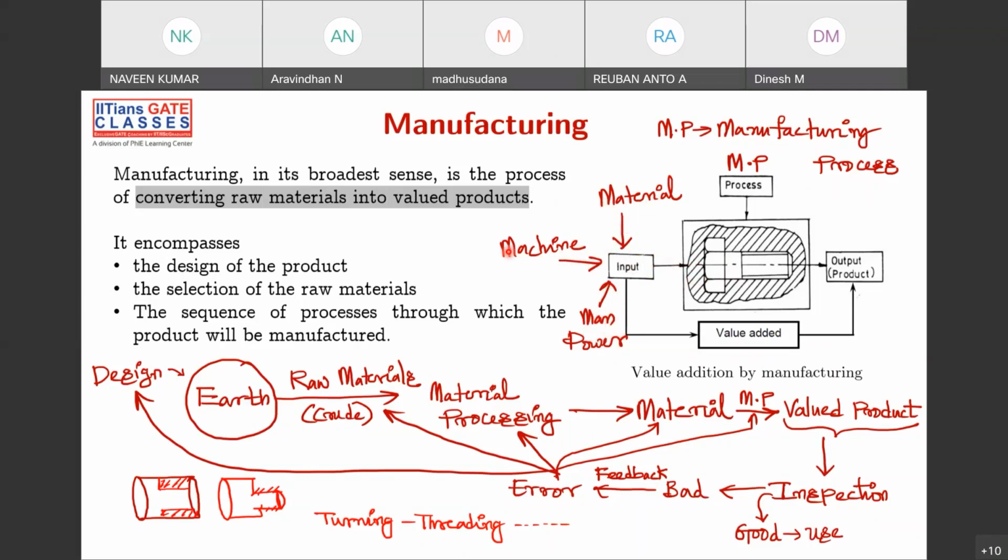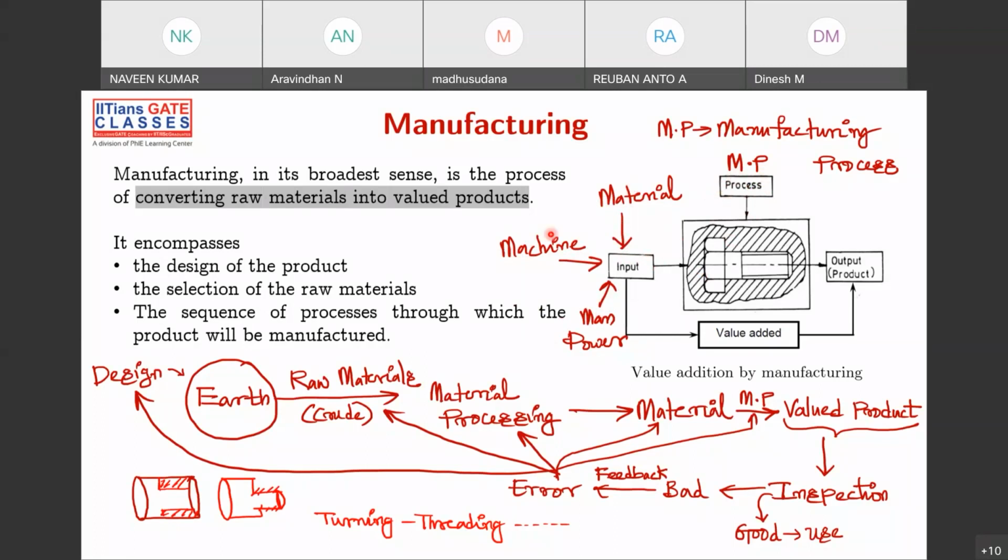So this is called the triple M method, MMM, that is material, machine, and manpower. These are the three primary inputs for the product to be manufactured. And then you need a process, that is the manufacturing process. Sometimes they include the process also as an input.